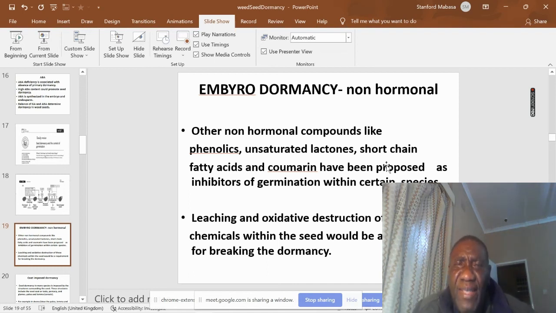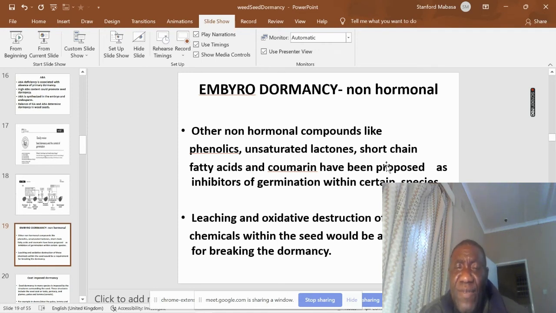There is also embryo dormancy which is non-hormonal, but controlled by chemicals. Later on, when we talk about these chemicals, these are allelochemicals, because allelochemicals can suppress germination. We have phenolics, unsaturated lactones, short chain fatty acids, coumarin. These have been proposed as germination inhibitors within certain species.